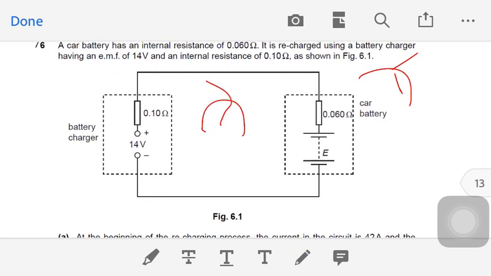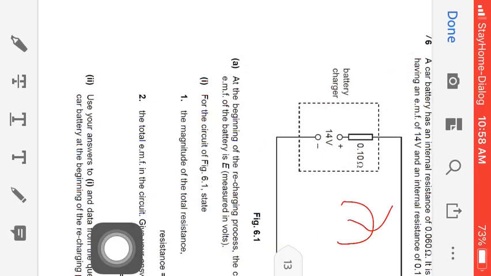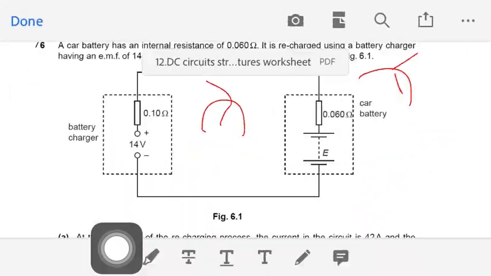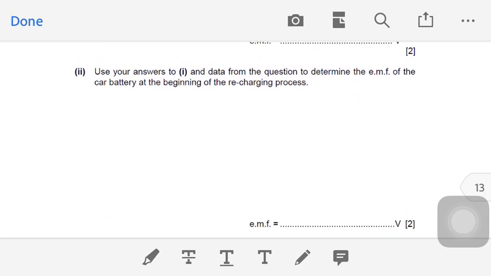So rather we go with the logic that if the battery is getting charged, the current should go from the negative to the positive terminal of the battery. It should go the other way than the usual. So it should be clockwise. So the 14 volts should be greater than the EMF. That is what's asked in the second part.